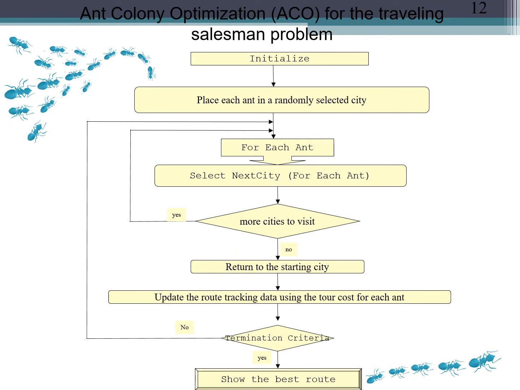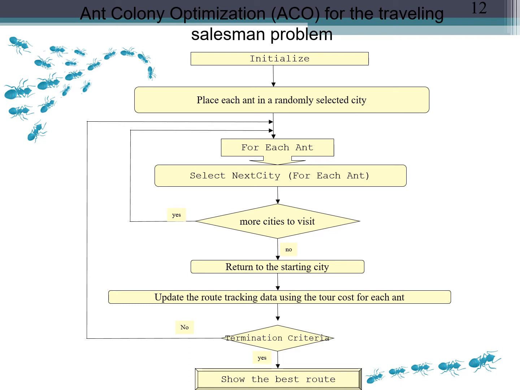This picture illustrates the simplified ACO algorithm for the traveling salesman problem. First, we need to initialize data. So set the number of ants, number of cities, number of iterations, and so on, all the necessary parameters.